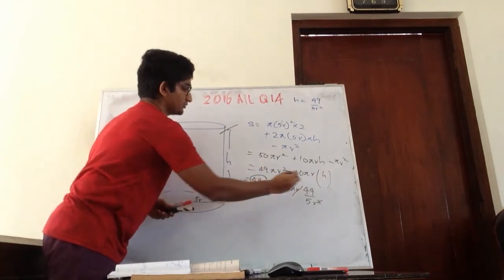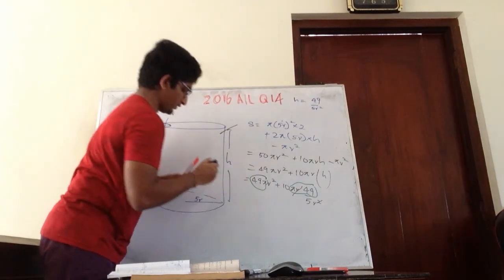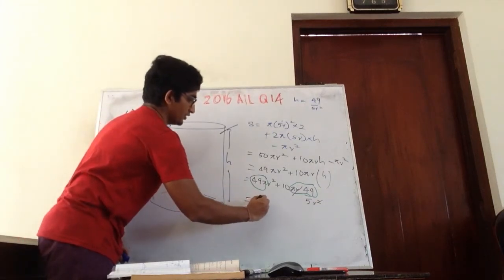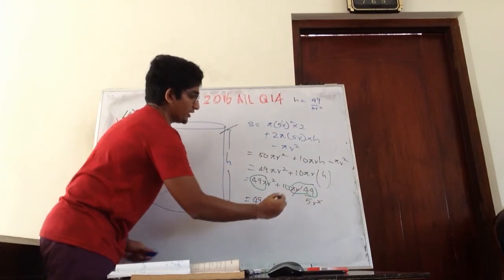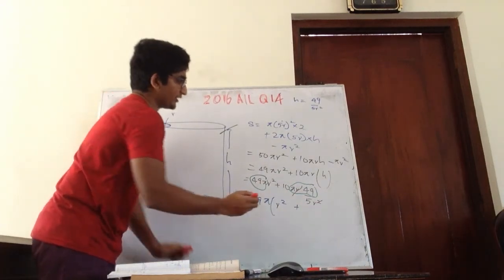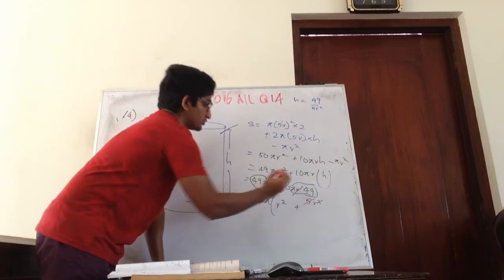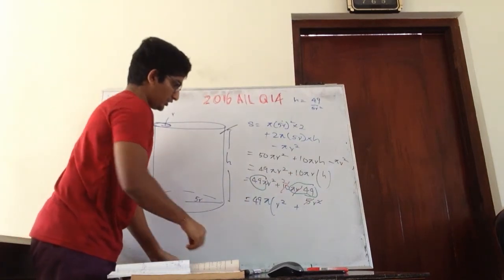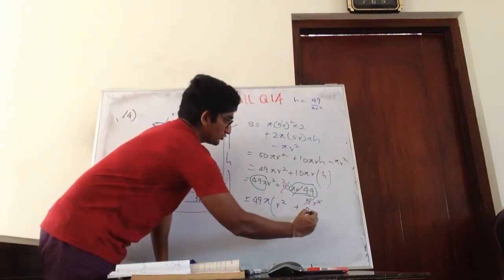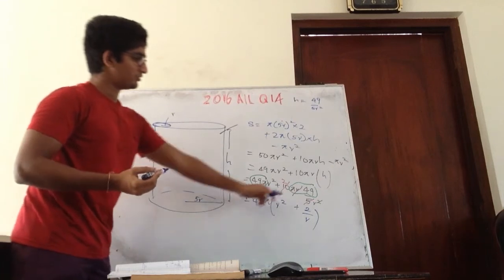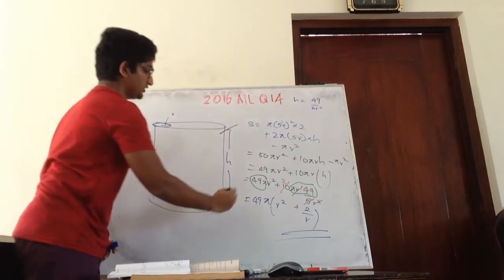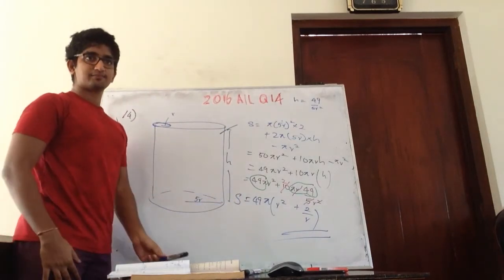So I'll get r square plus, wait, I can cut this off as well, 2 over r. Right? So have we got the answer there? So we have got the answer. This is S that they are asking, right?